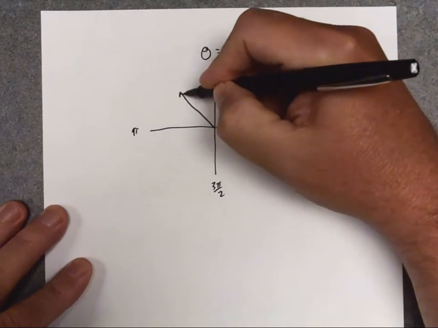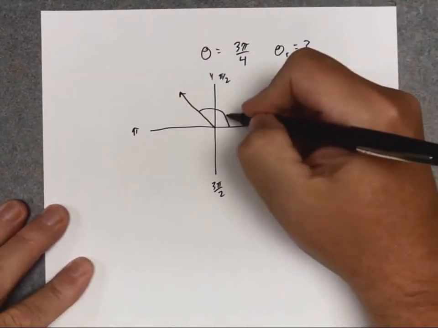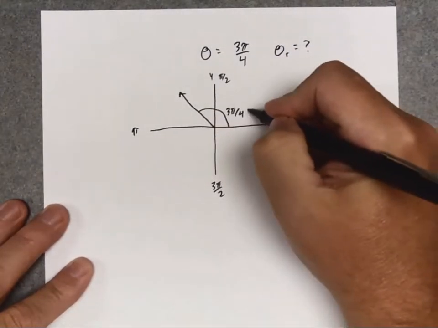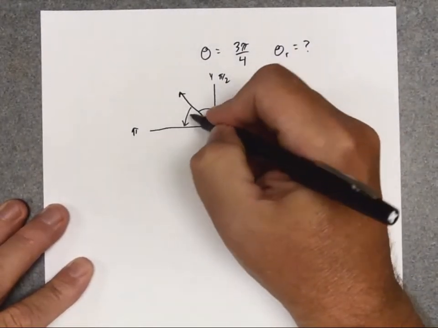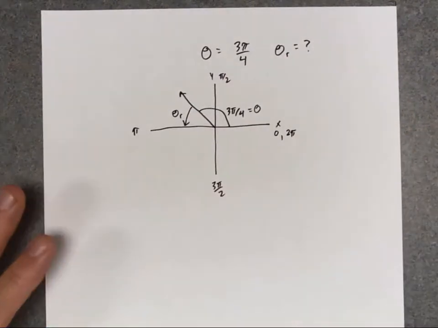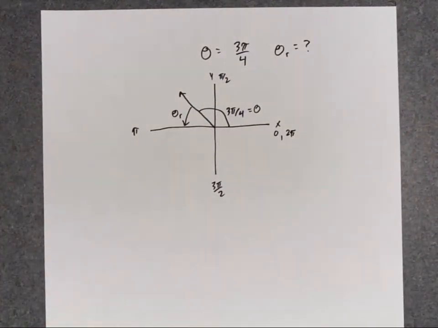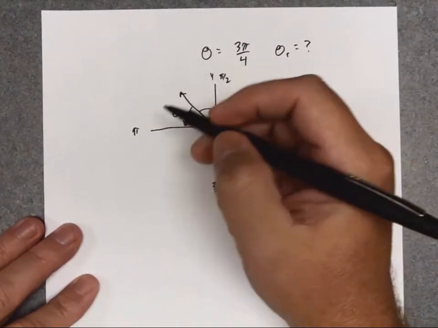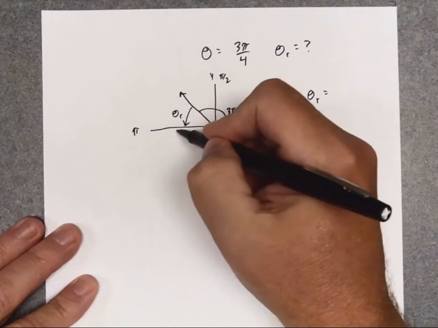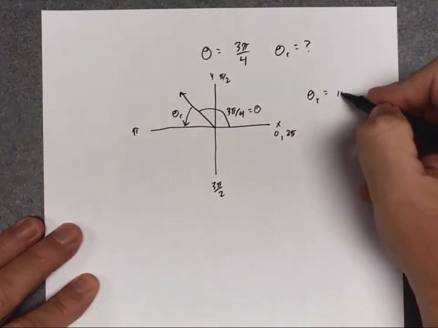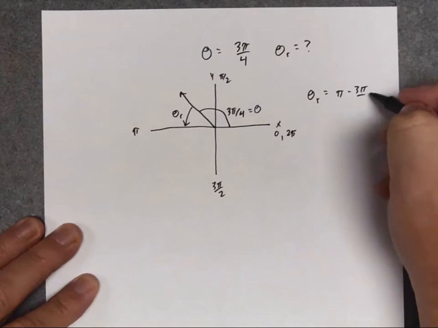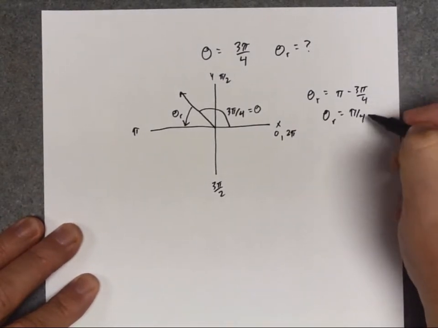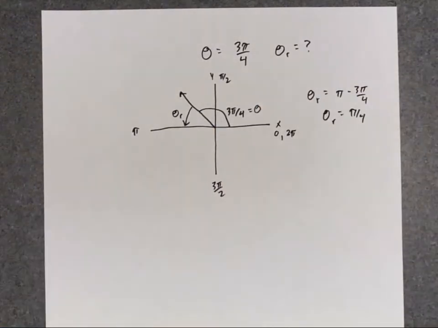So this is my 3π/4 angle. Reference angle would be here. Hopefully you can see that the reference angle would be pi minus 3π/4. So actually this reference angle is pi/4.